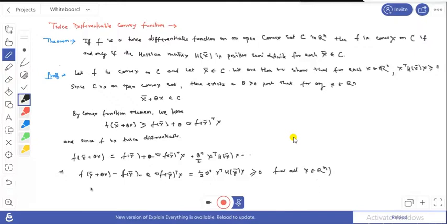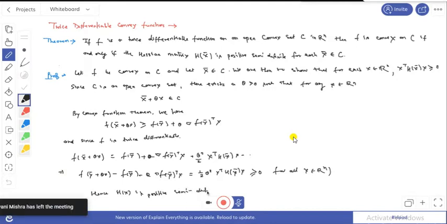Okay, so because theta is greater than 0 and that term is greater or equal to 0, this H(x) is positive semi-definite for all x that belongs to set C.